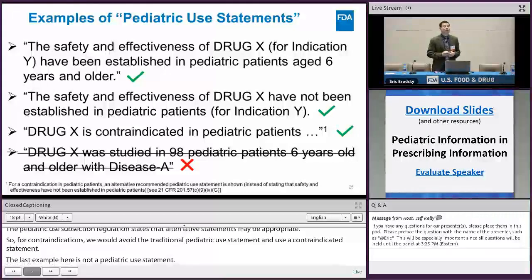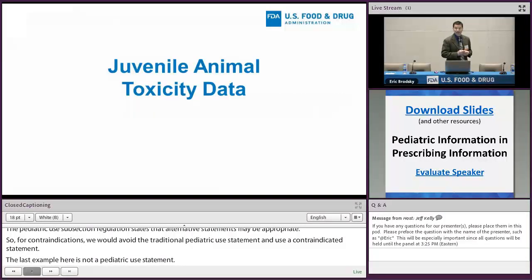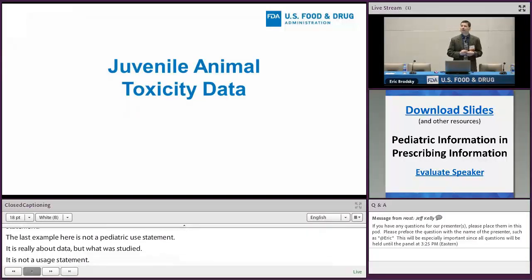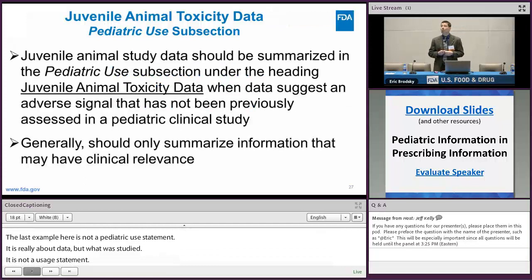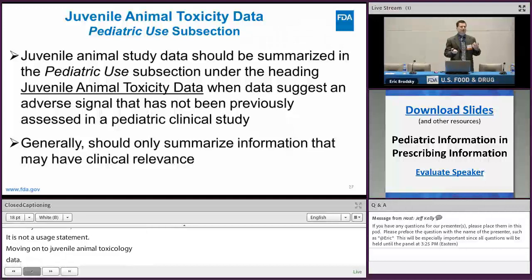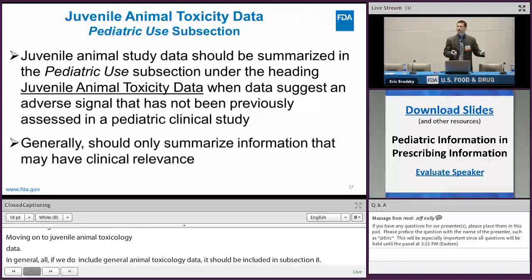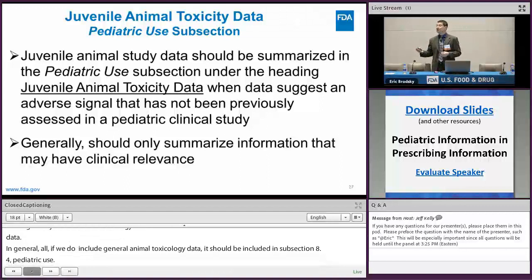So moving on to juvenile animal toxicology data. In general, if we do include juvenile animal toxicology data, it should be included in subsection 8.4, pediatric use. Previously, sometimes this data was in subsection 8.4, sometimes it was in section 13, non-clinical toxicology, sometimes it was elsewhere.